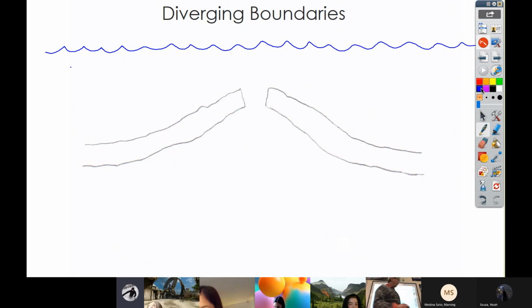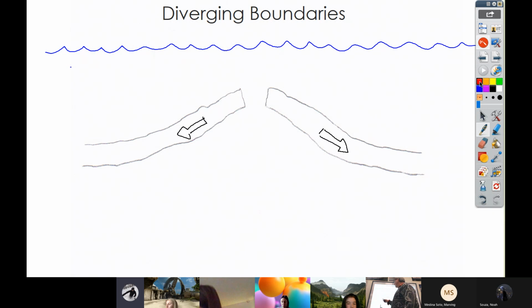Since it's diverging, we know it is moving apart. I've already told you that just by giving you the name diverging. So let's show these guys moving apart. Now, the reason they're moving apart and the reason you can see they've been lifted up, right?